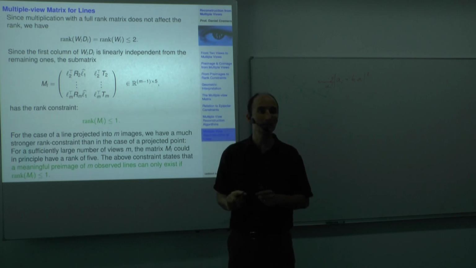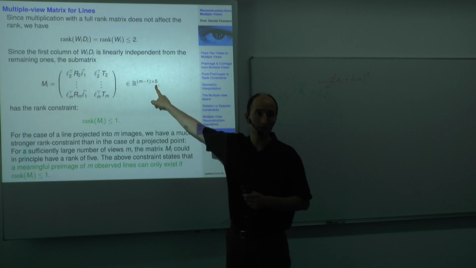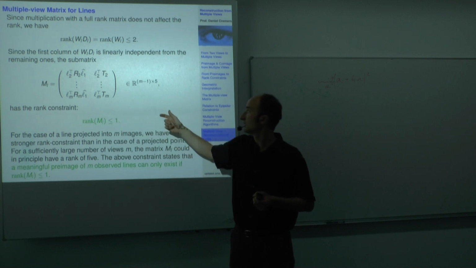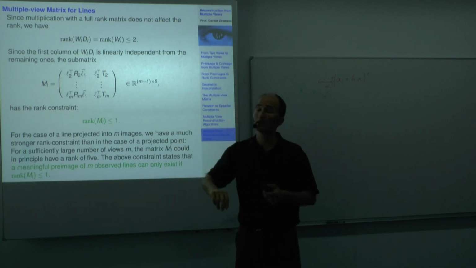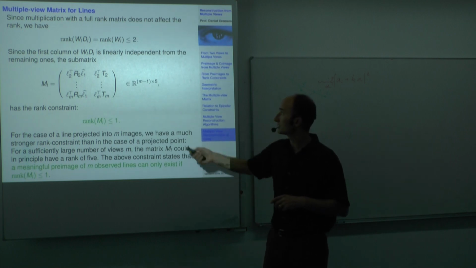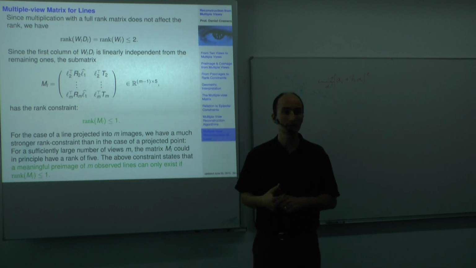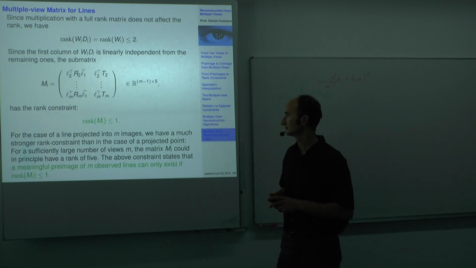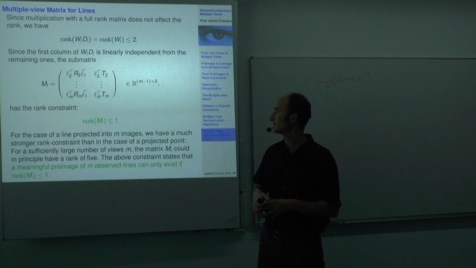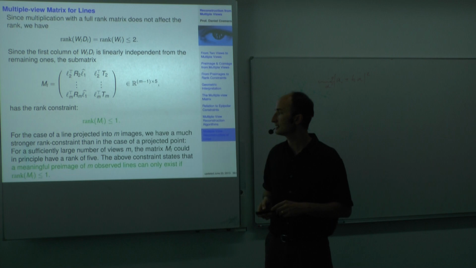If we have 2 images of a line, this matrix is a 1×5 matrix, and saying it has rank 1 is not very helpful. And so here we see for lines that m must be at least 3 or more. And once we have higher m's, the rank constraint becomes stronger in some sense. And so the constraint here says that the meaningful pre-image of m observed lines can only exist if the rank is less than or equal to 1.